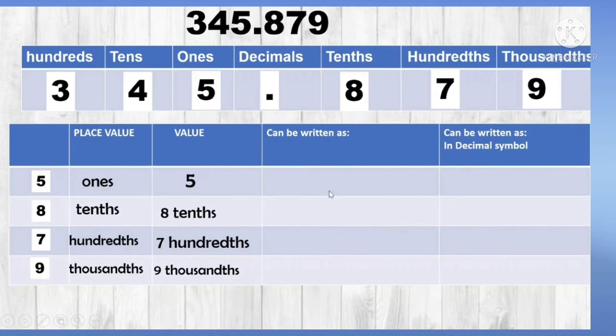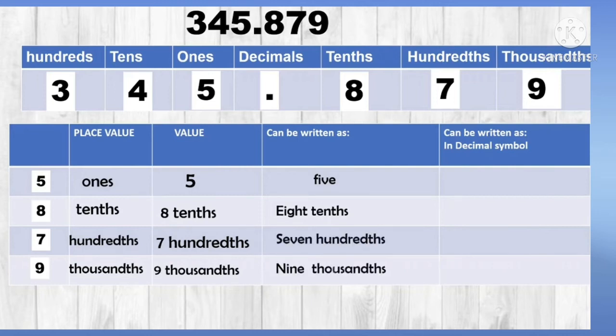Okay? Then, paano naman natin sinusulat? Okay, 5. In words siya. Can be written in words. Then yung 8 tenths. Okay, ganyan, 8 tenths, 7 hundredths, and 9 thousandths. Next, how can be written as in decimal symbol?